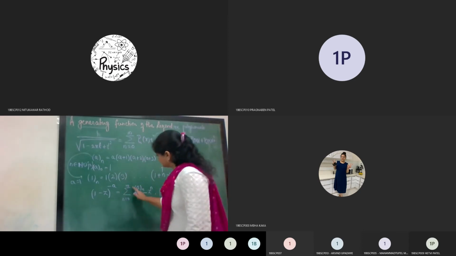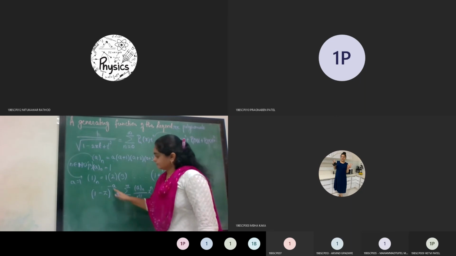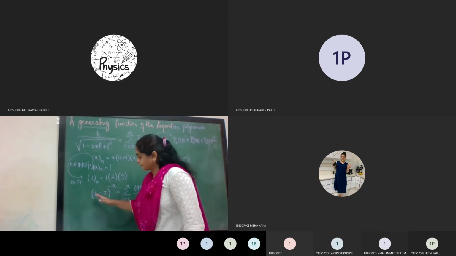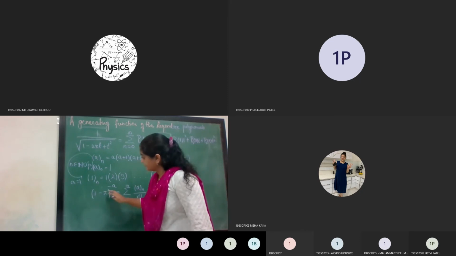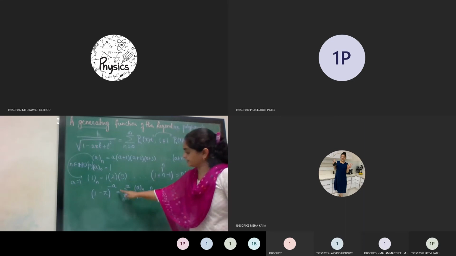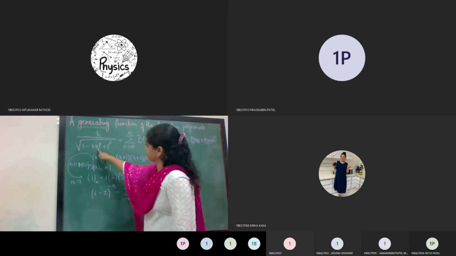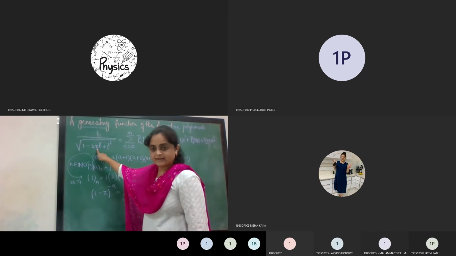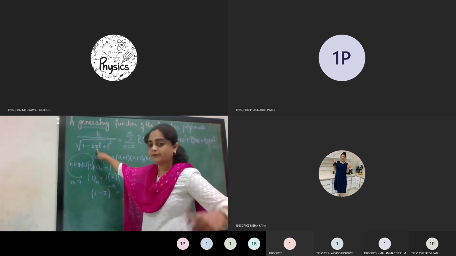So using this notation, now we can expand any expression of the form 1 minus something to the power minus something, and it will be represented by this infinite series. Why have I considered this? Because I have written this as 1 minus 2xt plus t square whole raised to minus 1 upon 2.